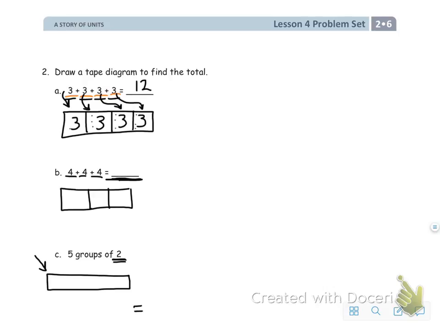So you'll want to also write down your repeated addition equation. So we've got 1, 2, 3, 4, and 5 groups, and then just put your total right here.